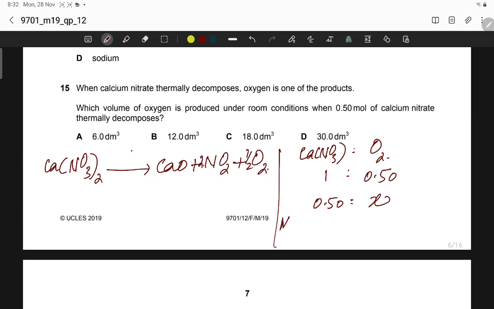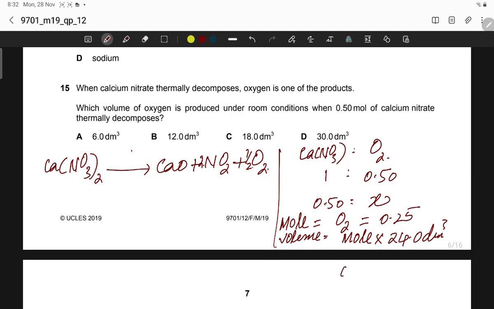The moles of oxygen is 0.50 into 0.50, which is equal to 0.25, and the volume is moles into molar gas volume, 24 dm cube.